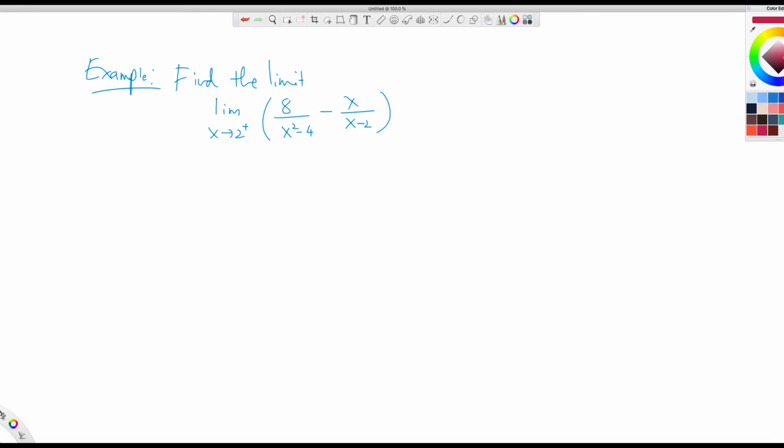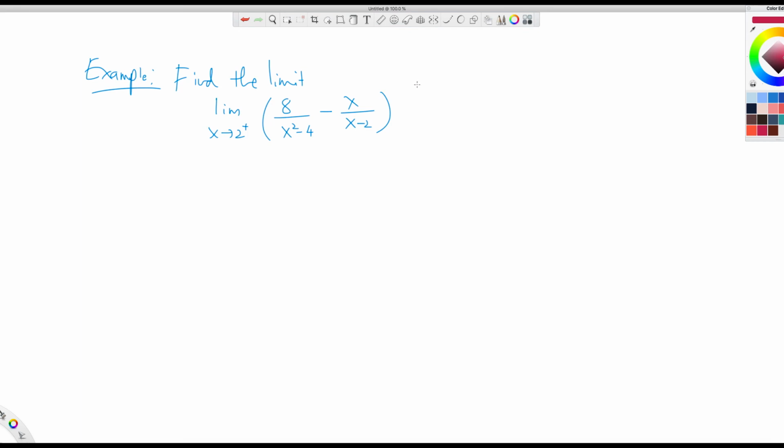Let us look at the last example of this section. So you have: find the limit as x tends to 2 plus of 8 over x squared minus 4 minus x over x minus 2. Again, the first thing we do is plug in the limit directly and see what type of indeterminate form this function takes. Is this an indeterminate form or not? If it is, then we can use L'Hopital's rule.